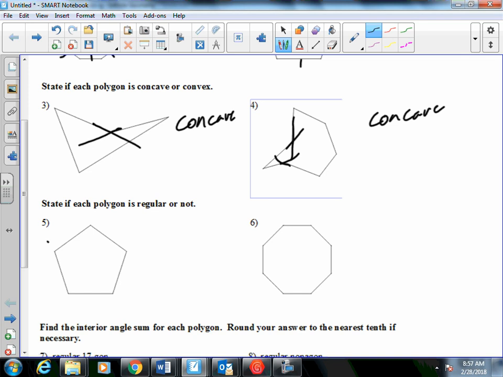On the test, they would be drastically different if they won't look really close to the same and be not regular. So this one is regular. Number 6, all the sides on that one look the same length, and all the angles look to be about the same size, so regular on that one as well.